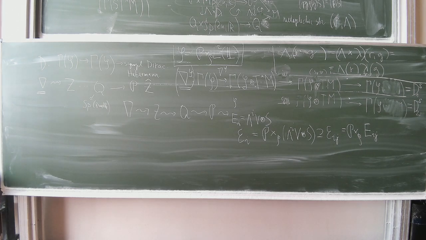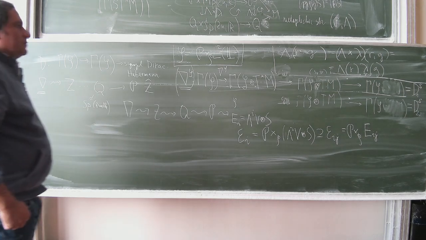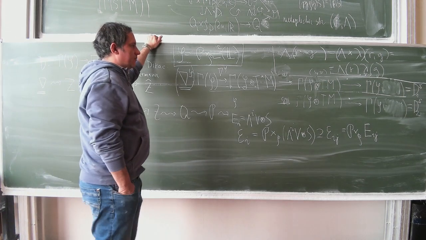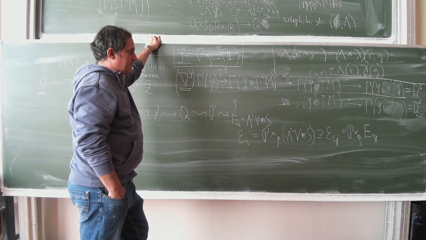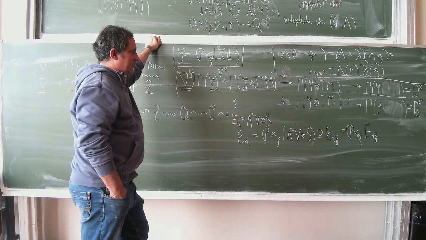So what is that arrow G in the middle? Arrow G is symmetric. And how can it be symplectically invariant? I don't claim that it is symplectically invariant.